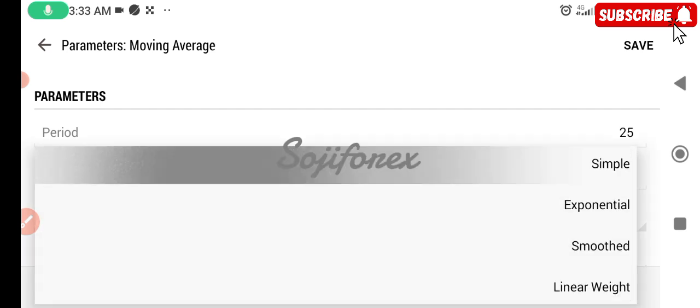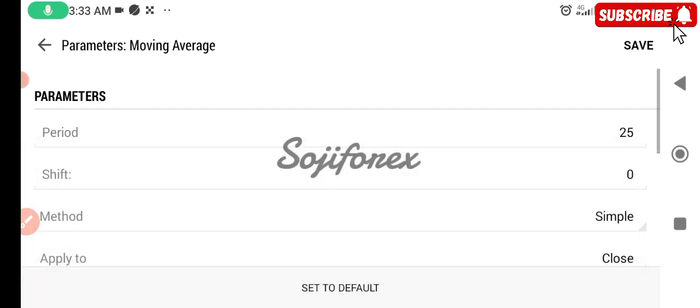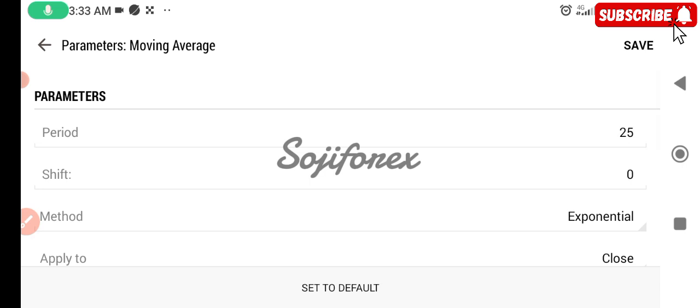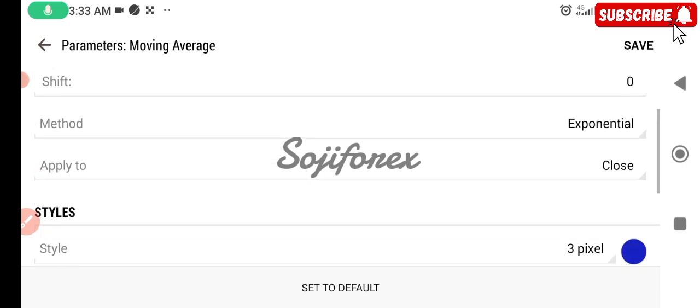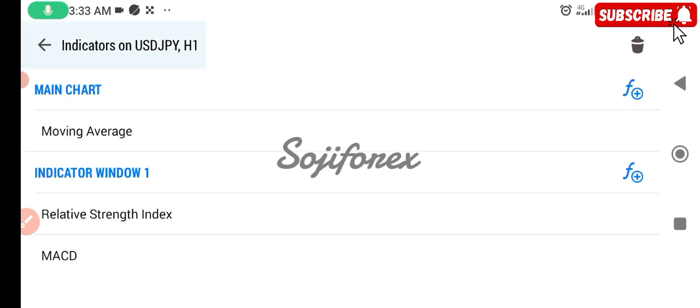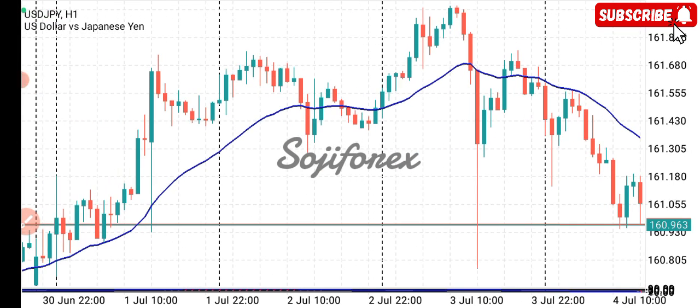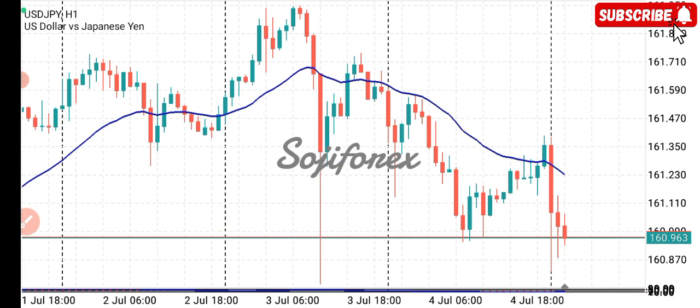The period is 25. The method is exponential. You apply to close. The color is blue and is a 3 pixel indicator. Now you don't need any other indicator aside this.